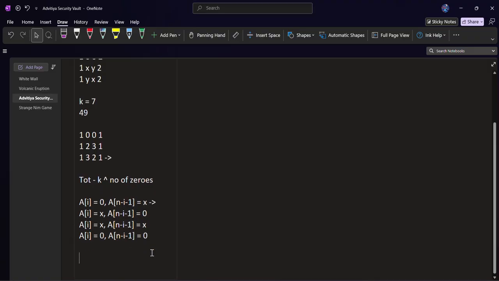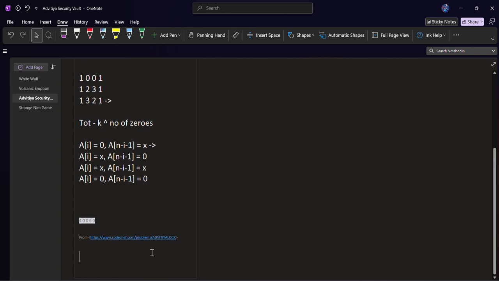If you take this example, 4 0 6 0, let's take one combination: 4 1 2 6 and 0.